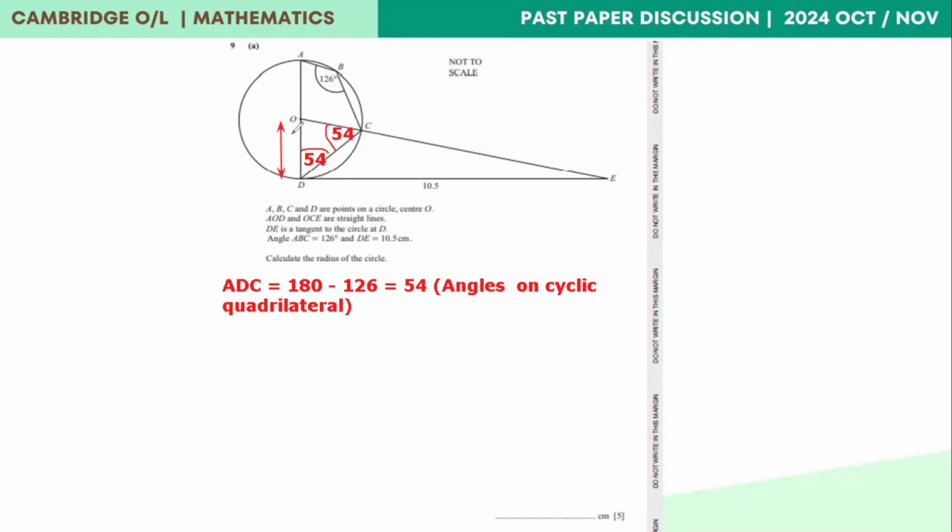Now we can find this angle by using angles in a triangle. 54 plus 54 plus O, taking O as the angle, is equal to 180. 54 plus 54 is equal to 108. 108 plus O is equal to 180, so O is equal to 180 minus 108. So O is going to be equal to 72. Now we can erase these two. Also, we can show this.